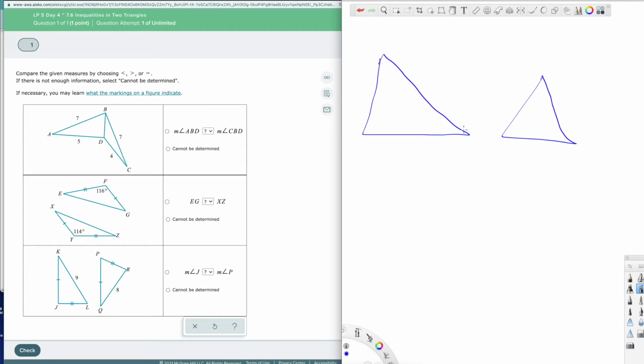So these sides are congruent to each other like this. We have the same congruent lengths, but the angles are not congruent to each other. The included angles are different sizes. This one I'm going to say is bigger, and this one is smaller. So we don't have side-angle-side because the angles aren't congruent. They're a little bit different sizes from each other.